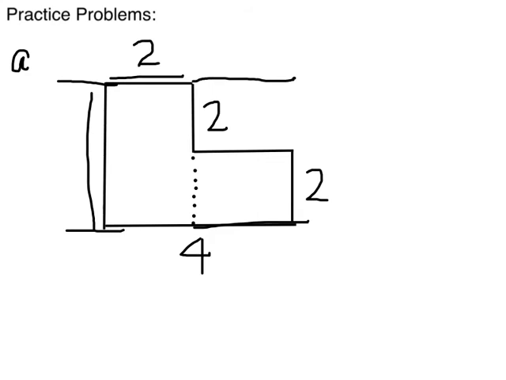I'm sorry, I'm going to mix you up there. Hold on one second. Let me erase that and say that we've got to keep horizontal with horizontal and vertical with vertical. So we're talking about vertical here.